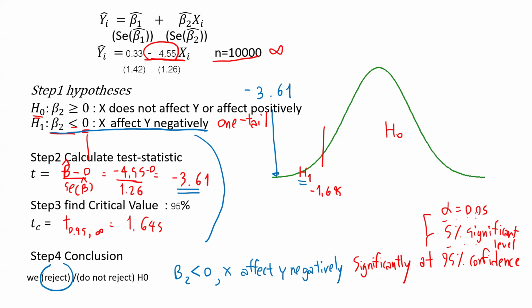You may change the words from time to time to make it better understood. Now if I would like to test, okay, this is minus 4.55: can I conclude that the real beta equals minus 4 or not?